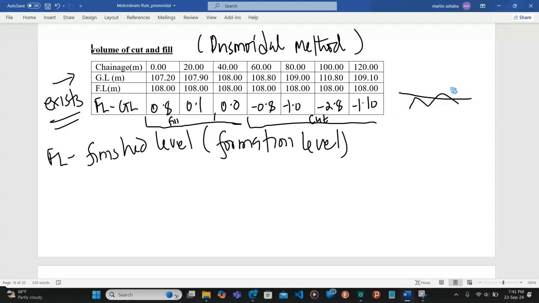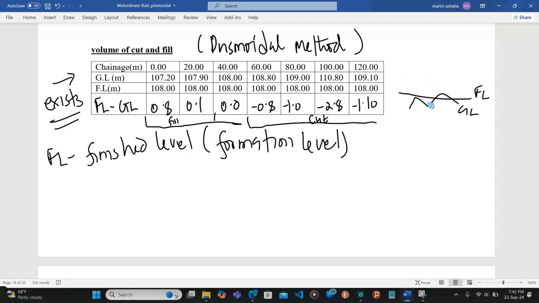So what does this mean? The finished level is lower than the ground level. So I need to cut the ground level in order to reach the finished level. That's why where we have a negative difference between FL and GL, it represents a cut, and where the positive exists, we have what we call a fill.